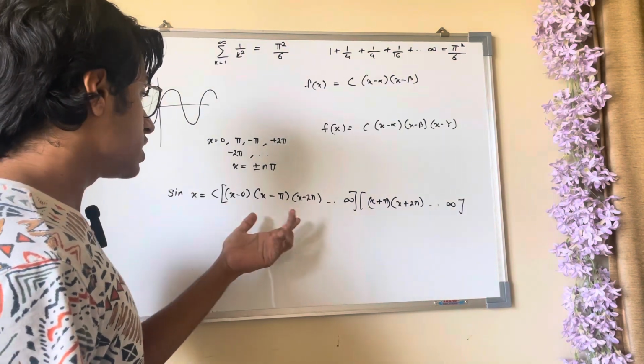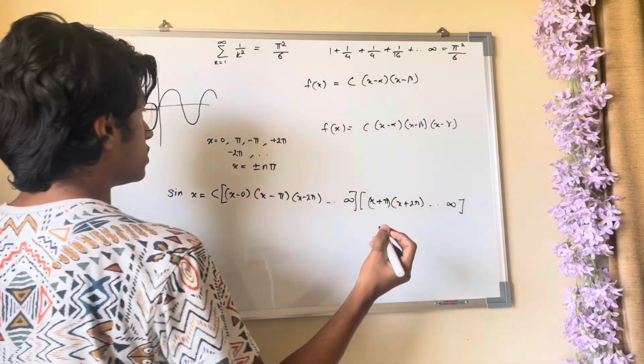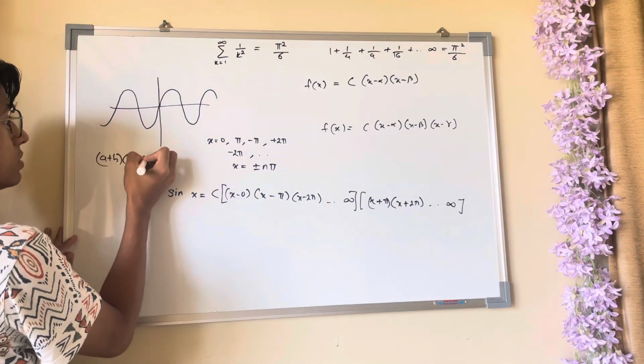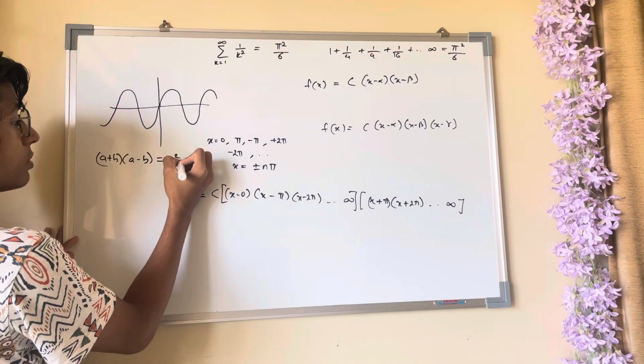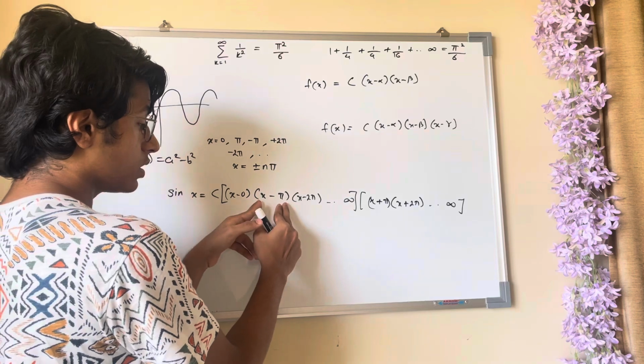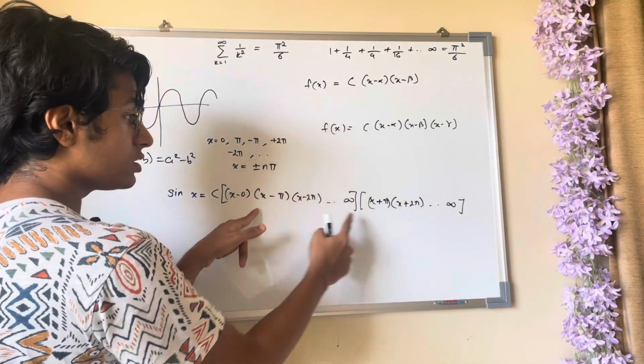Now we have the identity that a plus b into a minus b is equal to a square minus b square. So we can group these two terms together, that is x minus pi into x plus pi, which can be written as x square minus pi square.